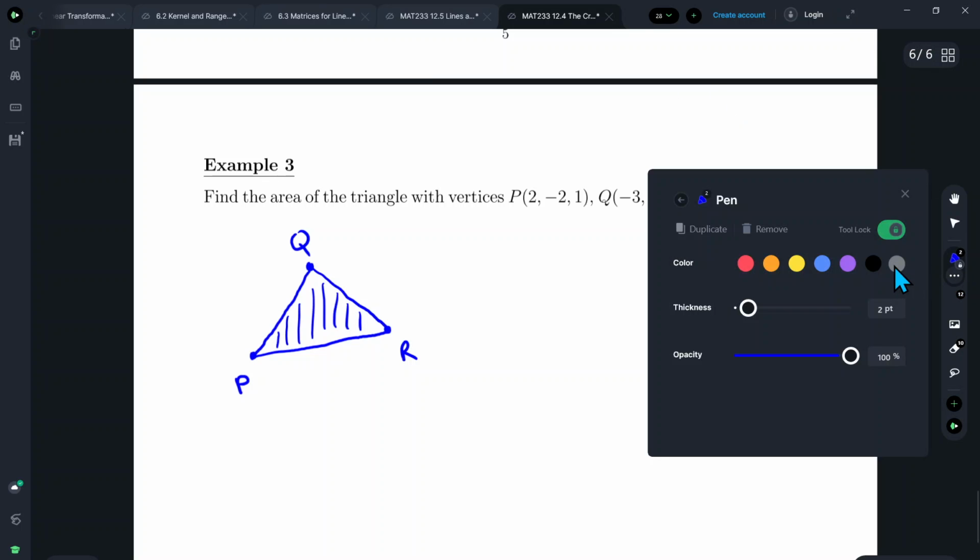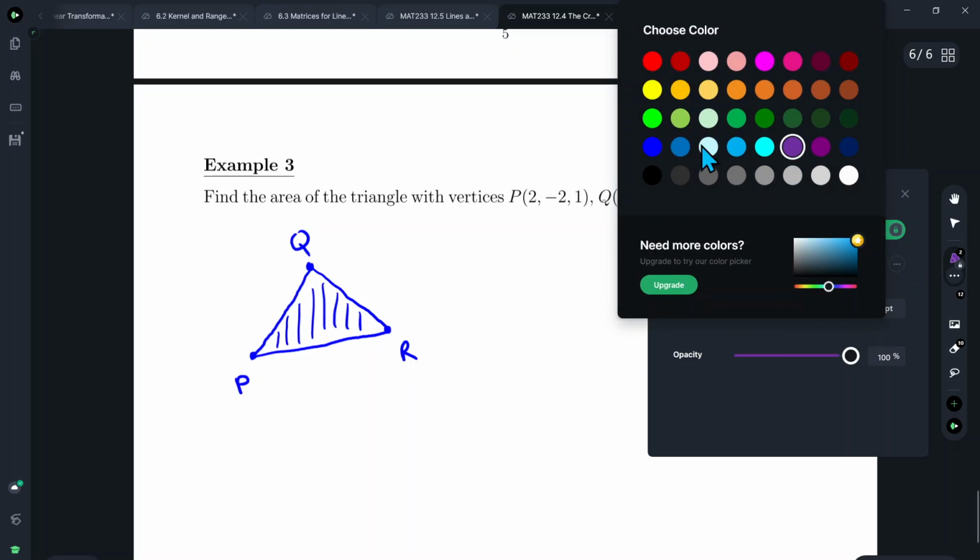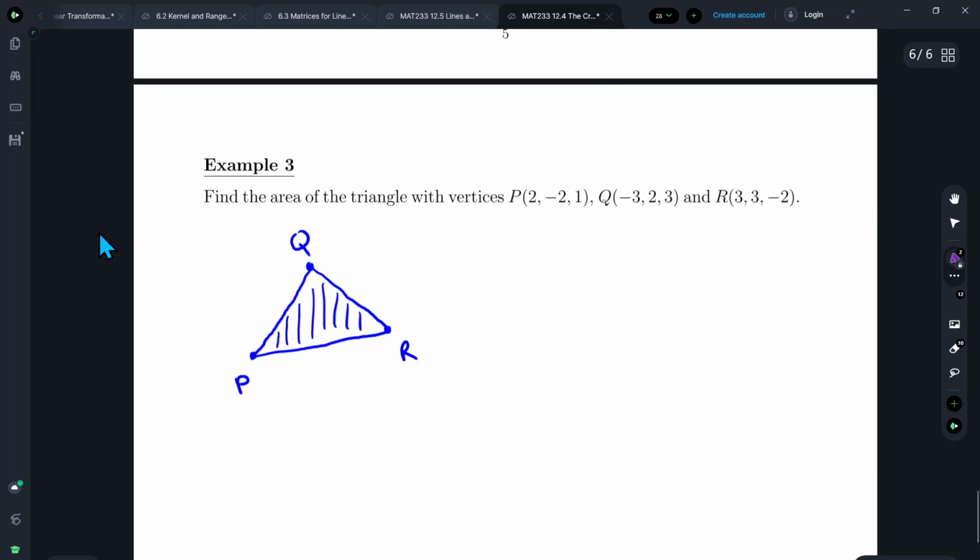However, we can relate it to a parallelogram by taking this side and extending it like this, and then taking this side and extending it here.